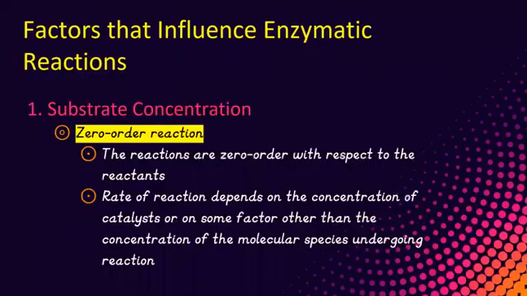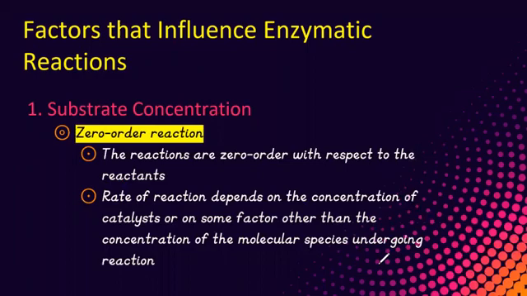And the third one is our zero order reaction. So the reaction is zero order with respect to the reactants. The rate of reaction, class, depends on the concentration of a catalyst or on some factor other than the concentration of the molecular species undergoing reaction. So this type of reaction is independent of the concentration of the reactants.